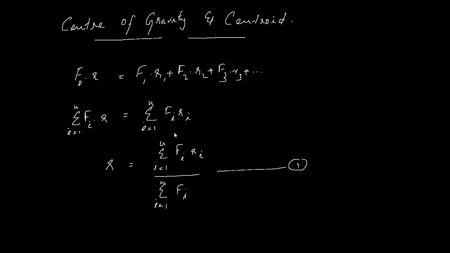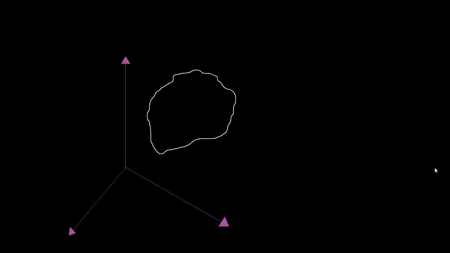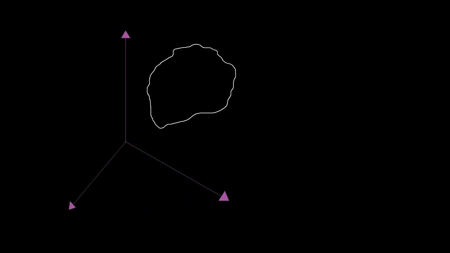Now, how can we relate this to center of gravity? Let's see what center of gravity is. Let's consider a body as shown in here, and let's assume the axes x, y and z. Now you know this body will be composed of so many particles.